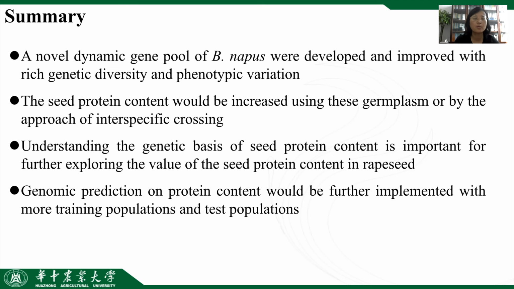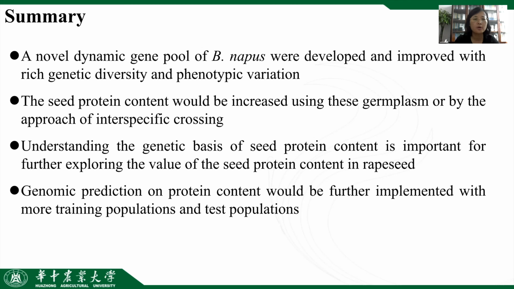And this gene pool would be used as targets or gene resources for increasing the seed protein content, and also other germplasm from specific crossings would be helpful for increasing the seed protein content. And understanding the genetic basis of this trait would be important for the genetic improvement of this trait.